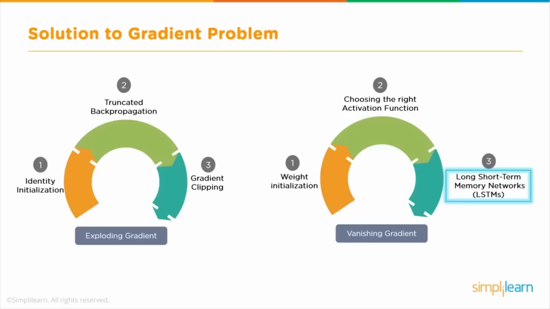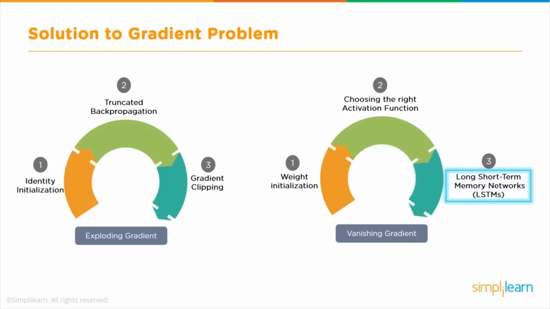So when you run into the gradient problem, we need a solution. The solution to the gradient problem. First, we're going to look at exploding gradient, where we have three different solutions depending on what's going on. One is identity initialization. So the first thing we want to do is see if we can find a way to minimize the identities coming in instead of having it identify everything, just the important information we're looking at.